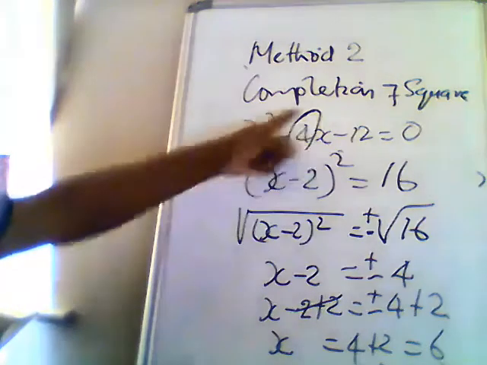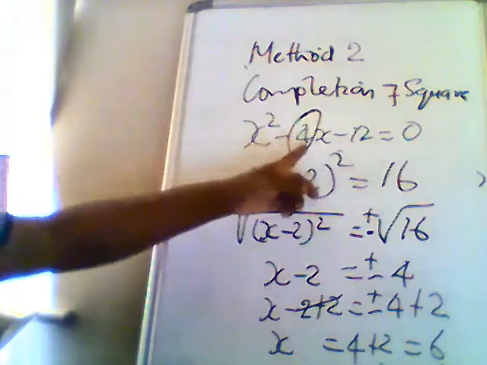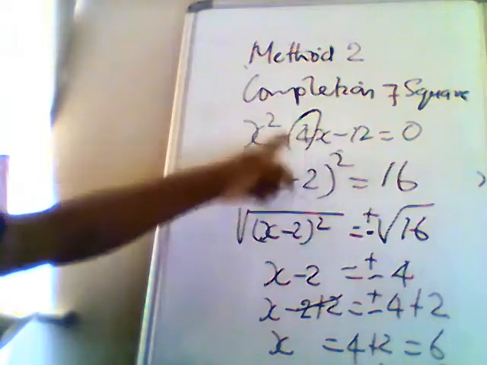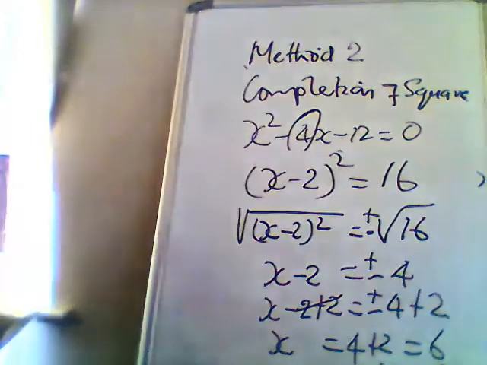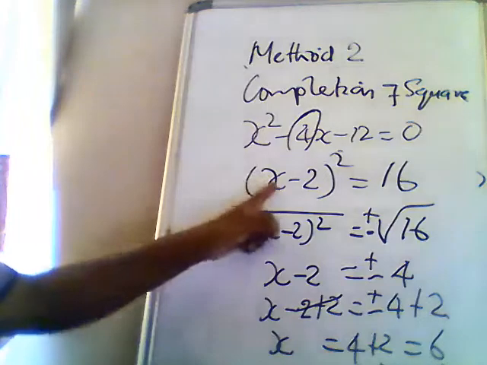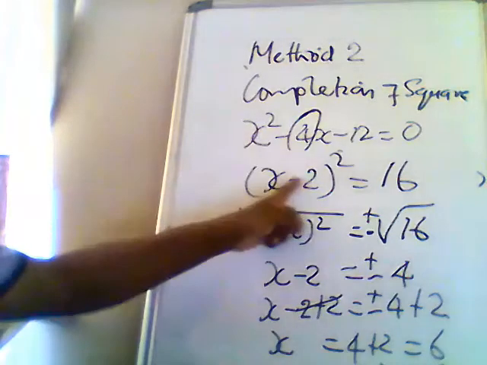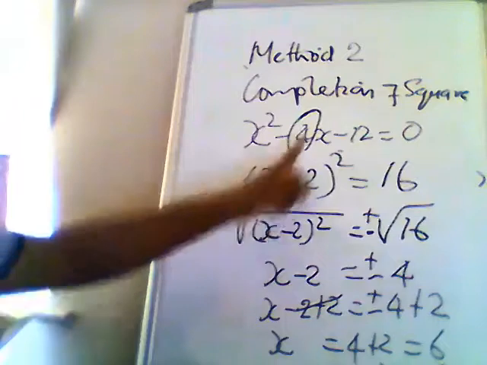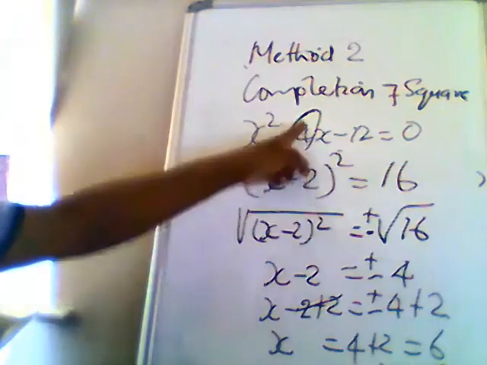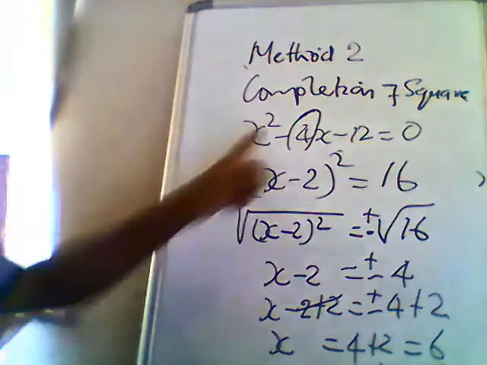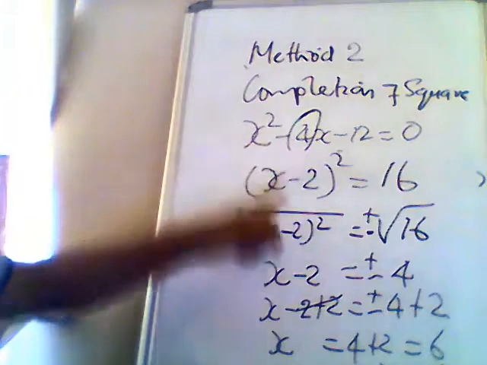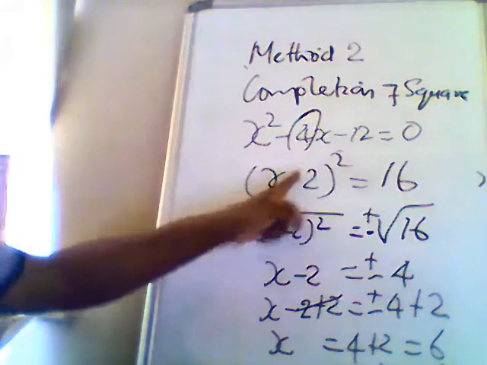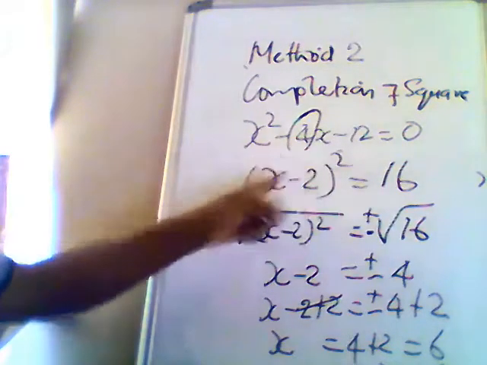Make sure you find half of the coefficient of x, and then you take away from the x squared. So your x is going to be x in brackets squared, and take away what you actually added. This will depend on the sign. If this was positive, it's going to be plus, so it's going to be plus 2 in brackets squared.